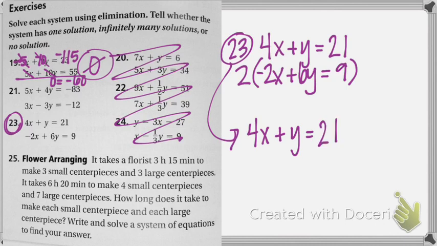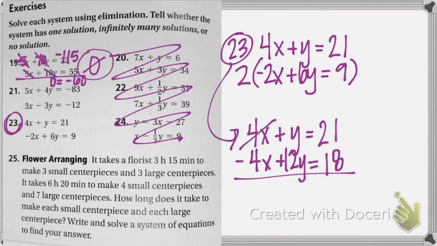I'm multiplying the whole bottom by 2, so I get negative 4x minus 12y equals negative, I'm multiplying it by positive 2, so that should be plus 12y. And that's not negative, that's positive 18.